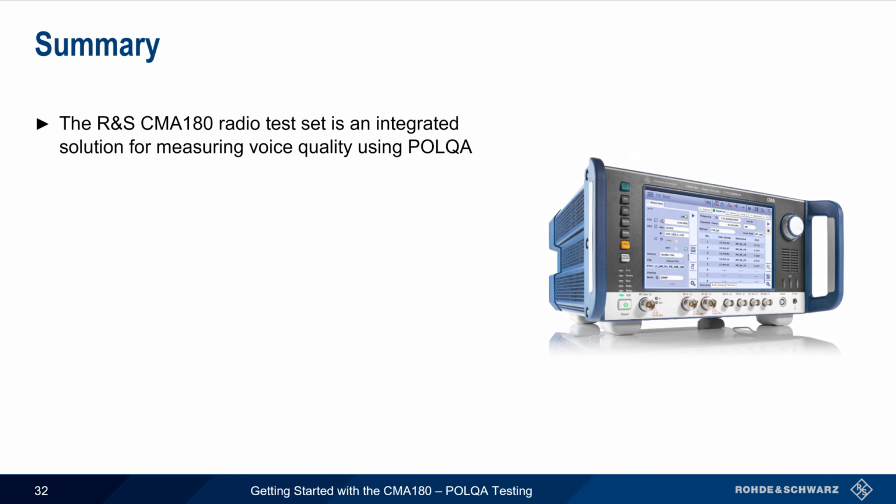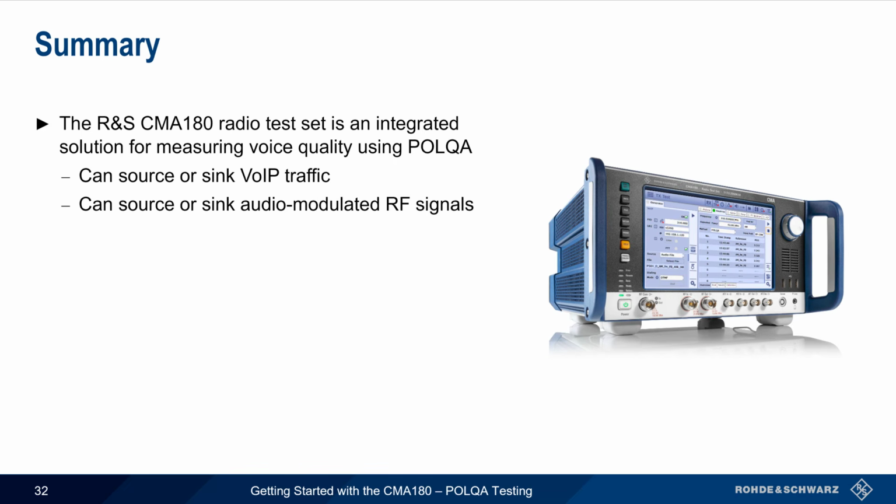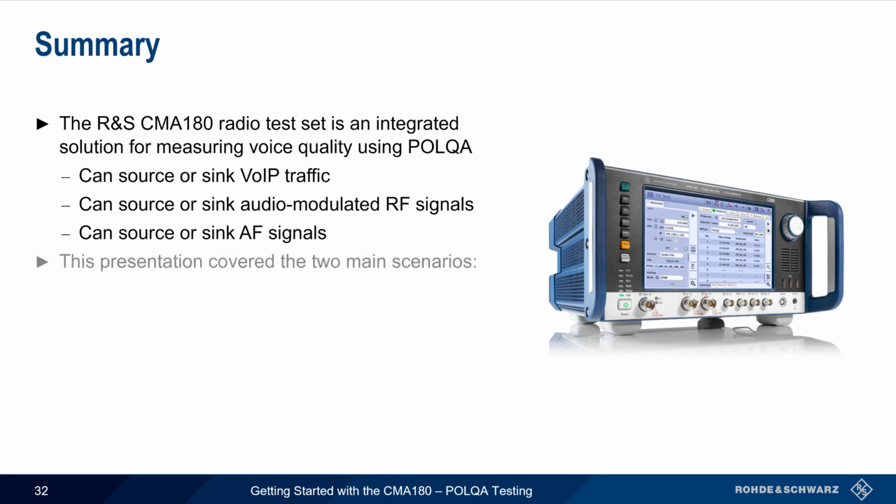Let's end with a brief summary. The Rohde Schwarz CMA180 radio test set provides an integrated solution for measuring voice quality using the ITU-T POLQA algorithm. It does this by sourcing and syncing audio signals in 3 different ways: as voice over IP packets, as audio-modulated RF signals, and/or as audio frequency signals. In this presentation, we went step by step through the 2 most important POLQA testing scenarios.